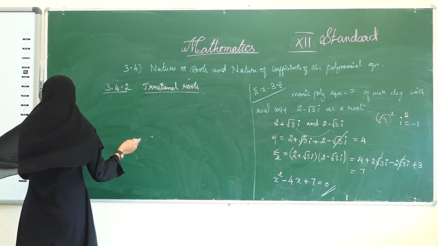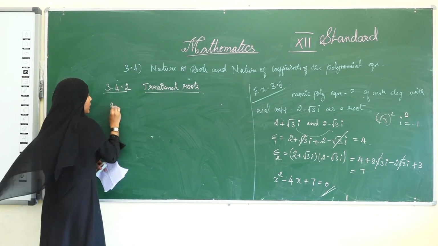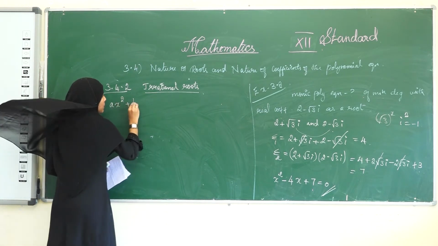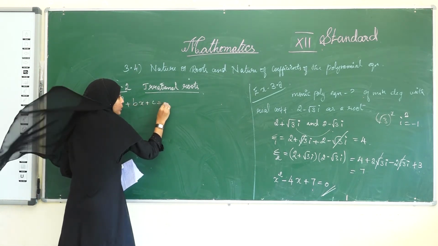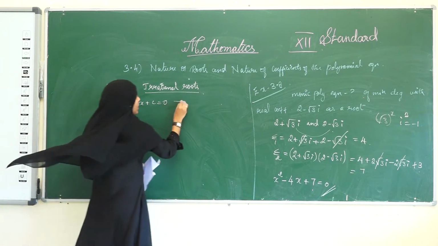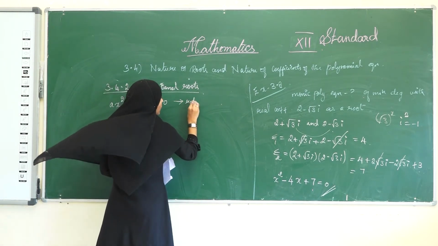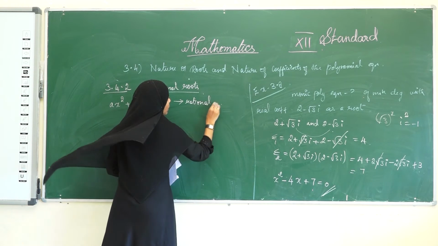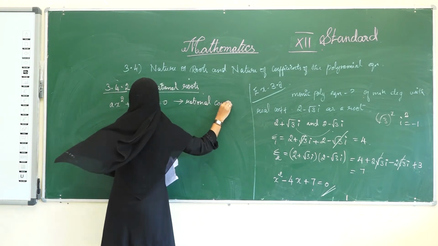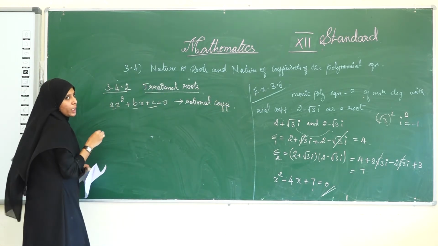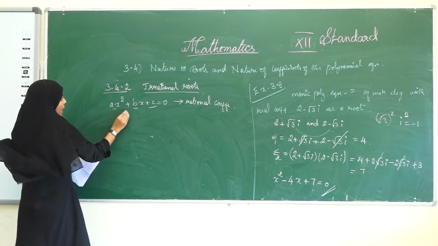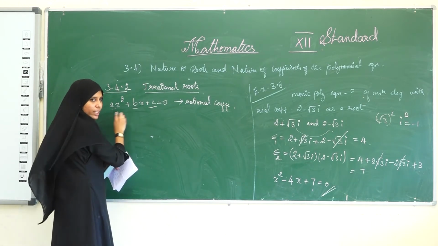Okay. See, for this we are assuming a quadratic equation, ax square plus bx plus c equal to 0 with rational coefficients. What is that? Rational coefficients, that is the coefficients a, b, c will be rational numbers. In this type, how will we solve this? How will we find the roots?